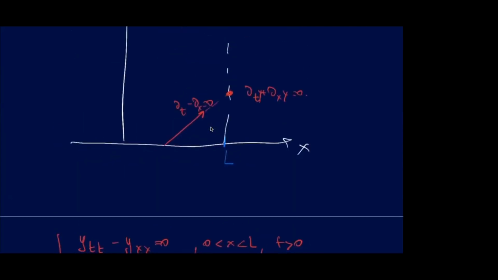Why is that true? Well, the reason is the following, we have this boundary condition yt plus yx equal to 0 on the right.